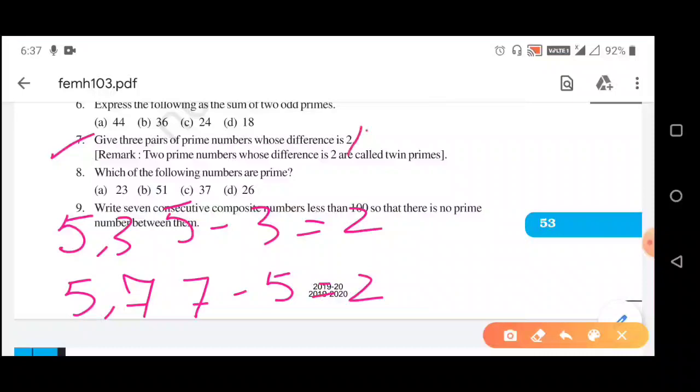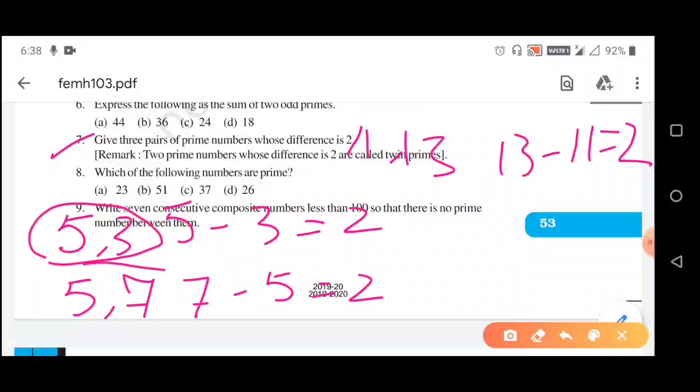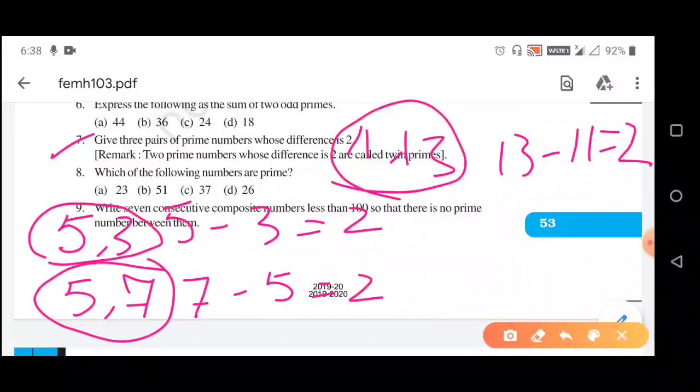We can take 11 and 13, where 13 minus 11 is 2. So here we are taking pairs of prime numbers whose difference is 2. 5, 3, 5, 7, 11, 13.